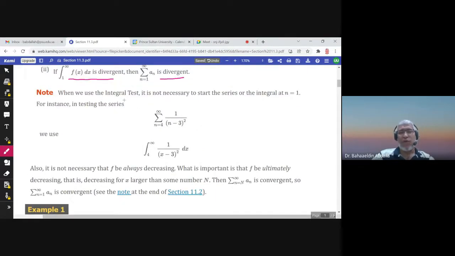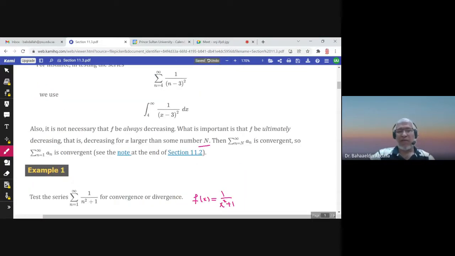Pay attention to this point: when we use the integral test, it's not necessary to start the series or the integral from 1. Sometimes the function would be decreasing starting from 2, starting from 3, starting from 5. So you can test the integral from 4 to infinity, from 5 to infinity, from any number capital N to infinity.